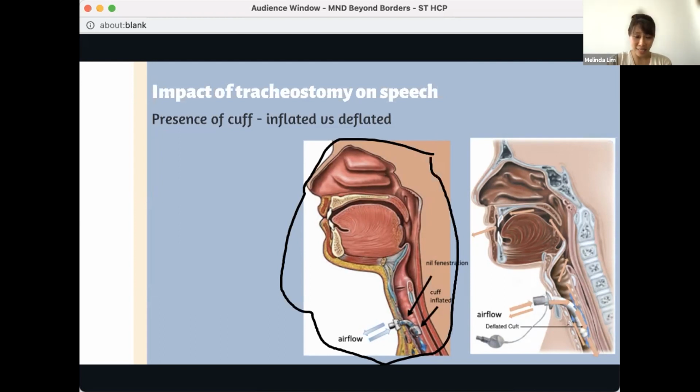The cuff is deflated, it will go into the lungs, and as you speak and as the person expires, some air will go out through the tracheostomy tube, which is fine, but there will also be some airflow that will be directed up past the vocal cords, into the mouth and nose, and there the person can then manipulate this airflow and be able to produce speech.